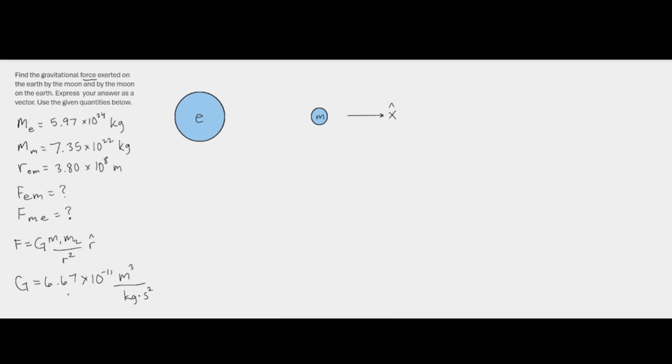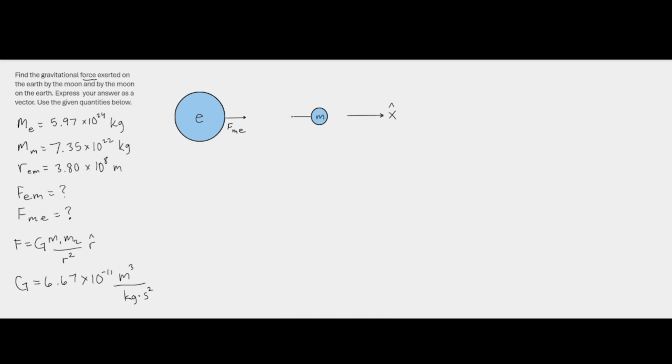Now I can calculate the force on these two objects, and I know that it's going to be equal and opposite for both objects. This will be the force of the moon on the Earth, and then we're going to have an equal and opposite force that is pulling on the moon.